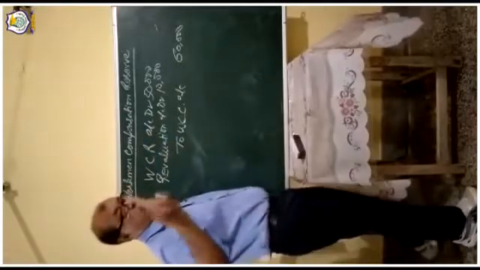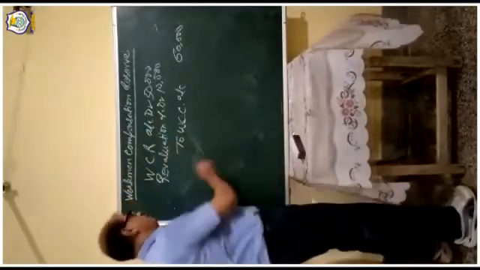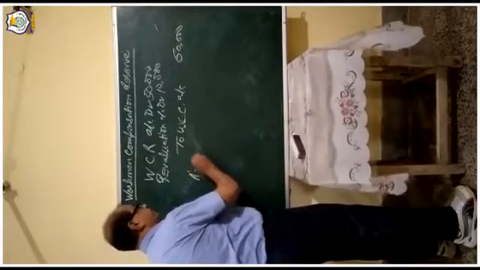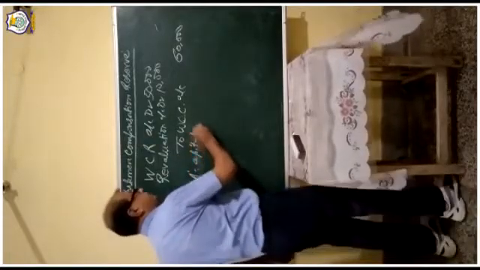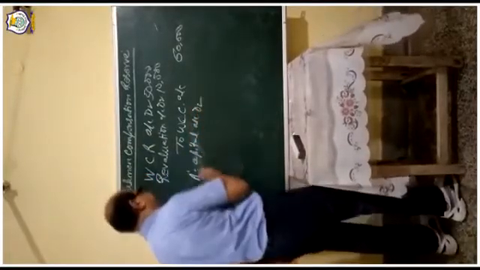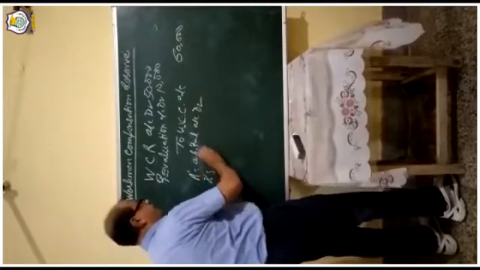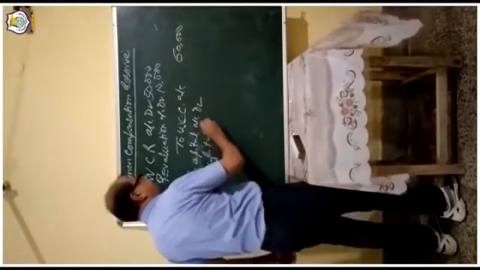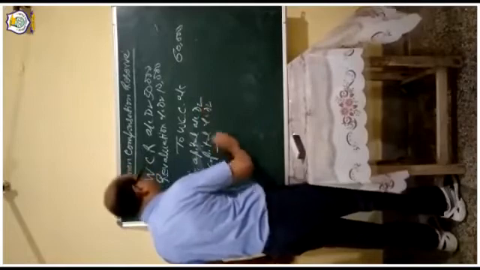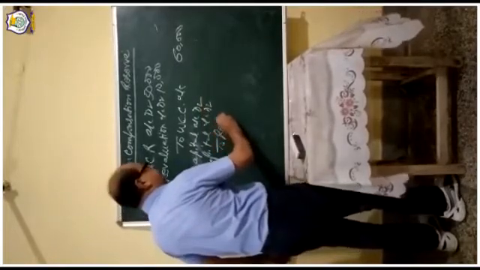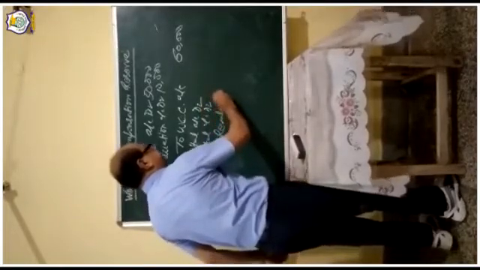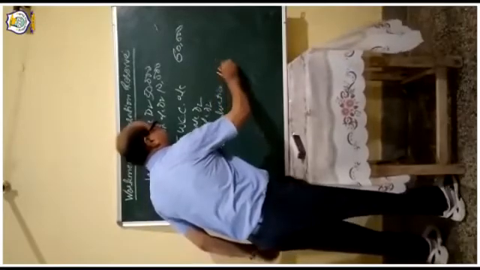Next entry we also have to make: A's capital account debited, B's capital account also debited, to revaluation account, 10,000.